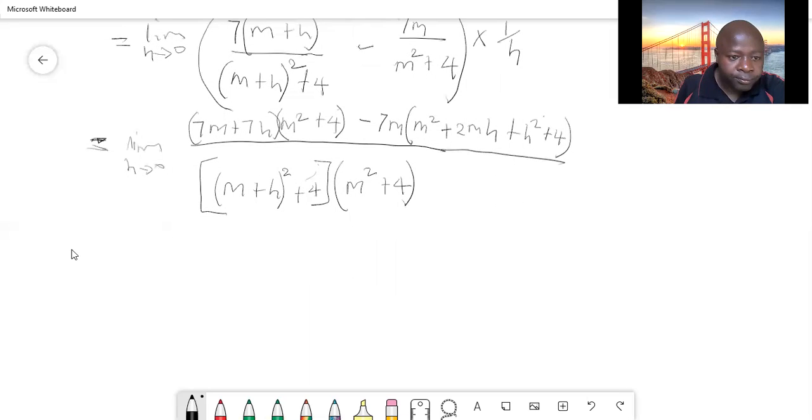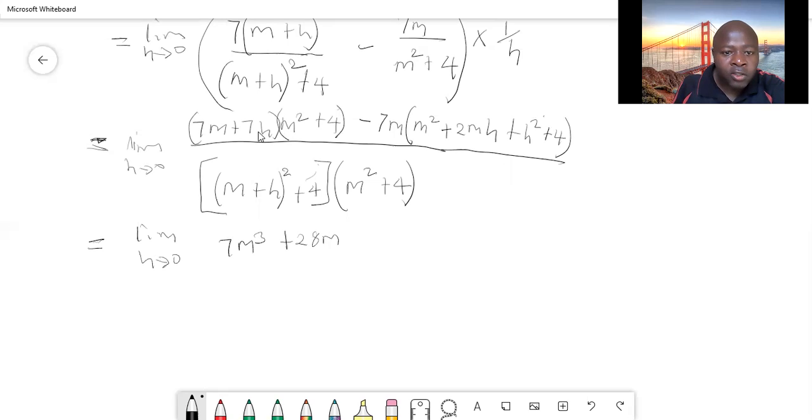Okay, this becomes the limit as h goes to 0. We now want to expand our numerator so that we see which ones we cancel out. So expanding the first part there, we get 7m cubed, and then 7 times 4, that's 28m.